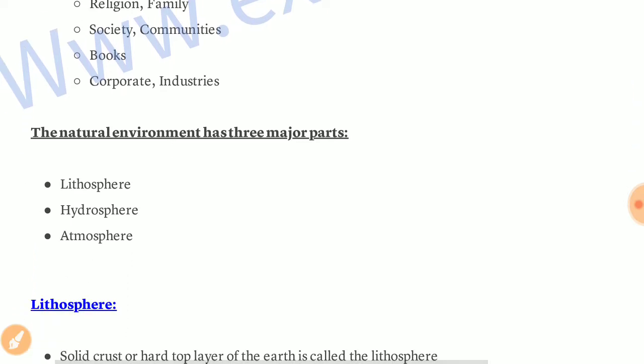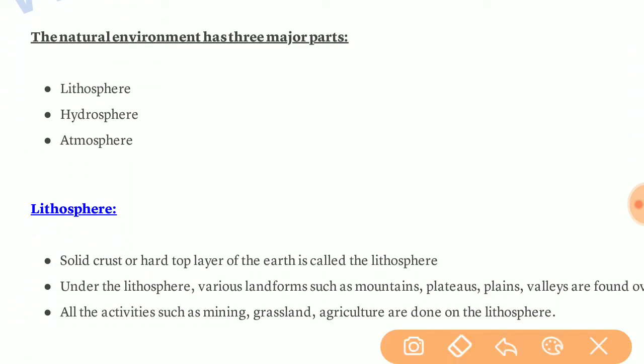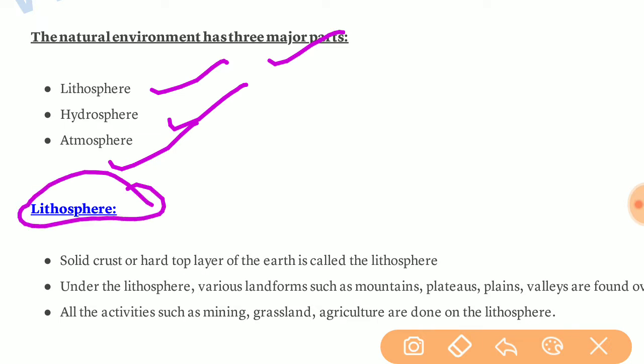The natural environment has three components: lithosphere, hydrosphere, atmosphere. First one is lithosphere. Lithosphere is the solid crust or solid layer of rocks of the top layer of the earth.